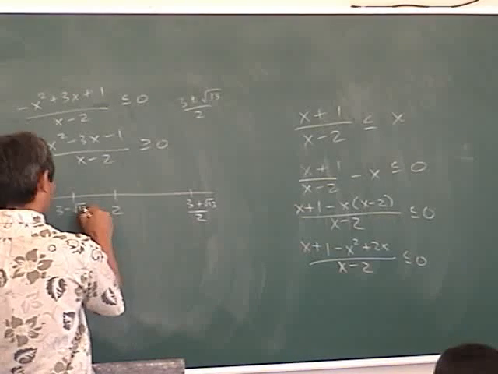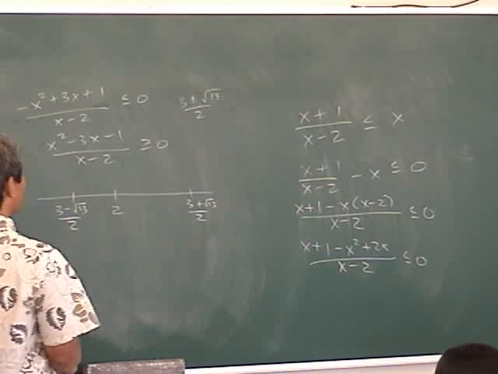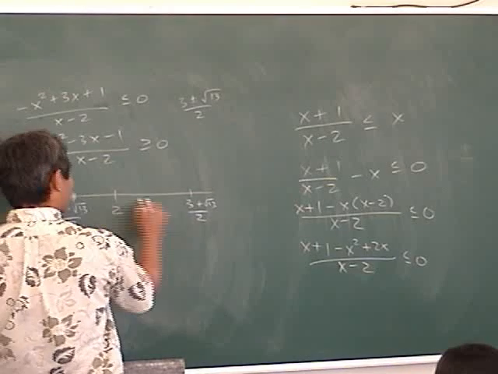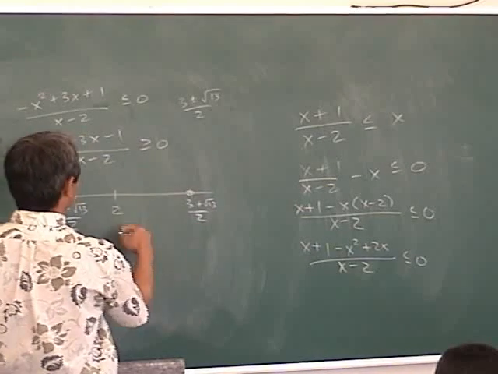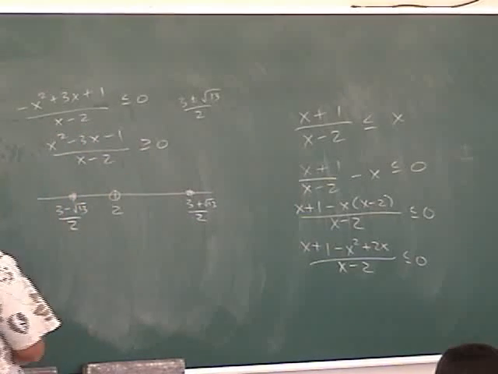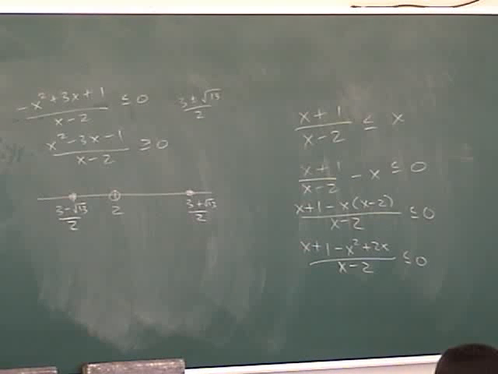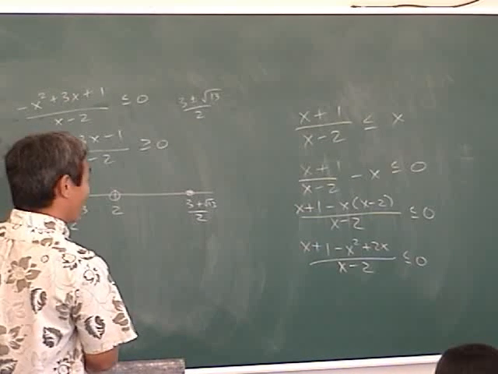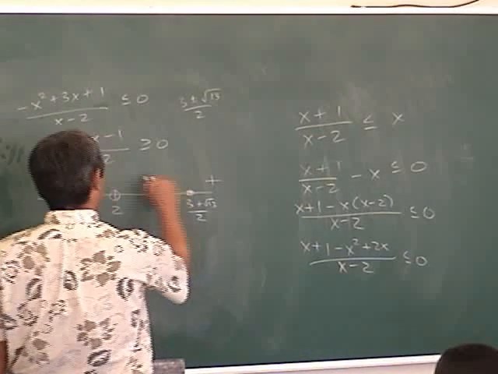These two are going to be part of the solution because these two numbers make the top 0, but that one is not because it makes the denominator 0. If a number makes the denominator 0, that cannot be part of the solution. And how do I know without even thinking it's going to be plus, minus, plus, minus?